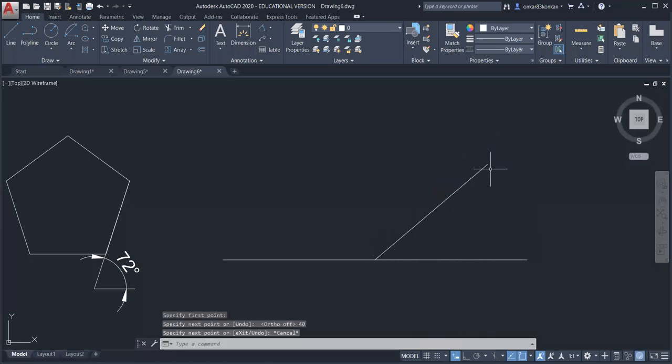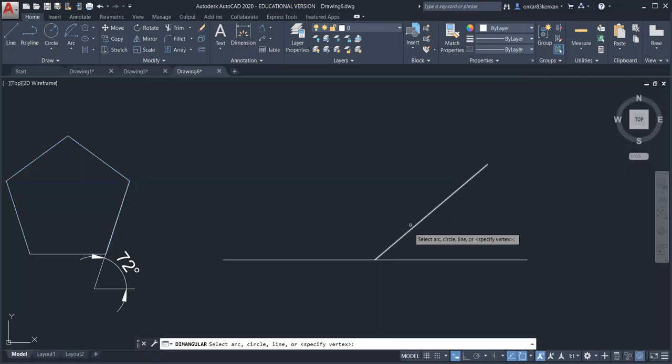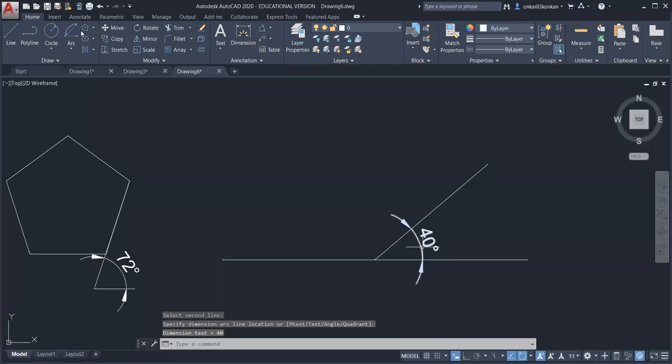And on this line, we have to draw this edge, so that we can draw the pentagon where one of its sides is inclined by 40°. So right now we have the dimension. So this is 40°. Now draw the hexagon, sorry, pentagon.